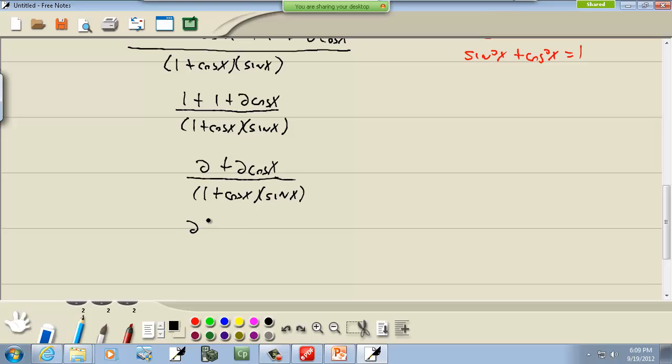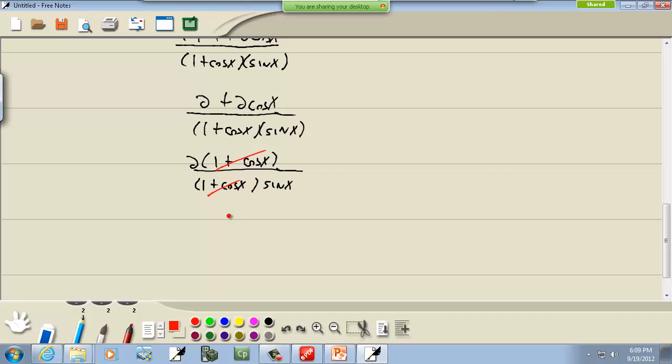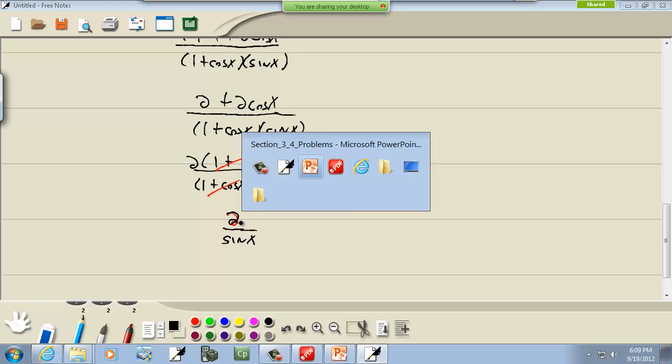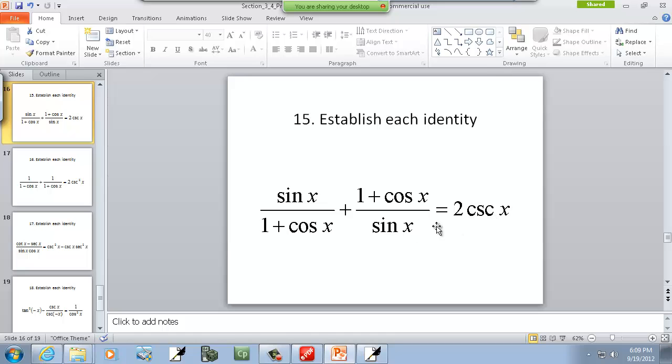Now I can factor a 2 out of the top, and that gives us 1 plus cosine, the GCF. And now I see that I got a 1 plus cosine here, 1 plus cosine here, and this is working out nice. And I'm left with 2 over sine, which will be 2 cosecant, but let's see what in the world I'm trying to achieve. 2 cosecant.